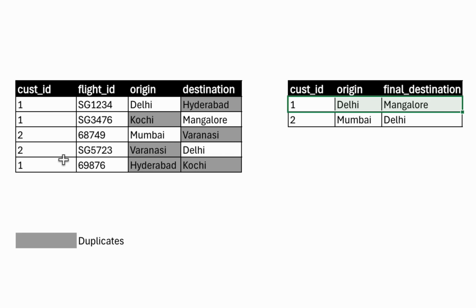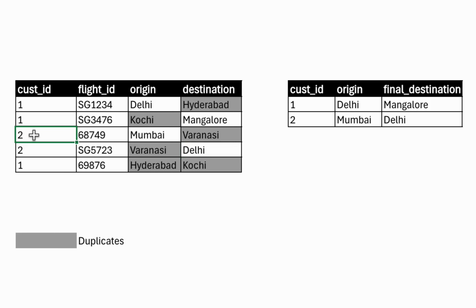Again, let's look into the record for customer ID 2. So customer ID 2 is going from Mumbai to Varanasi. Then he is going from Varanasi to Delhi. Varanasi is duplicate, because here we can see Varanasi as destination, and in the second row Varanasi as origin. So Varanasi is a duplicate city, so that is why we have highlighted them in gray. Now if we pick the non-highlighted rows for this customer ID 2, we have Mumbai as origin and destination as Delhi.